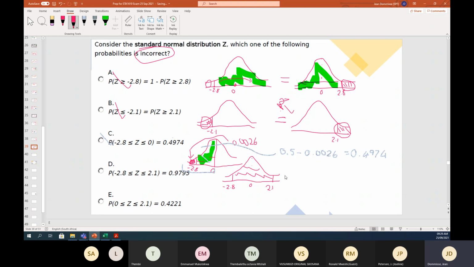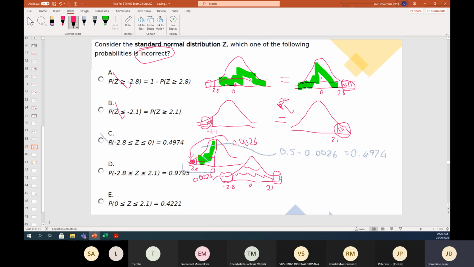Now for me, the easiest, okay, here are two ways that you can do it. You can say that's the full one, and I subtract that small area, which is 0.0026, and then I need to subtract that small area.